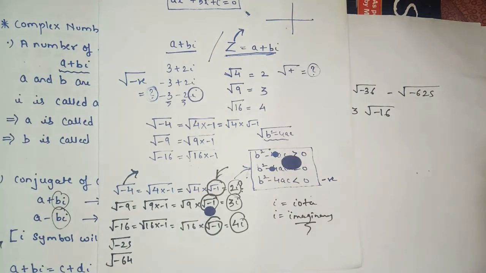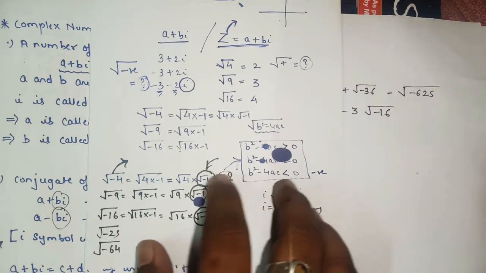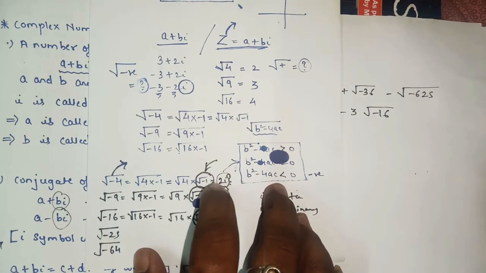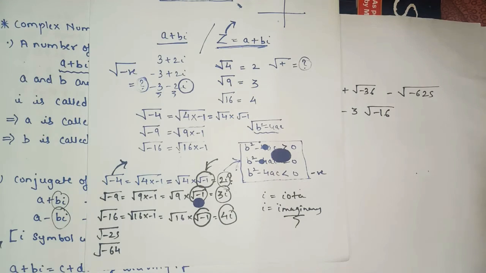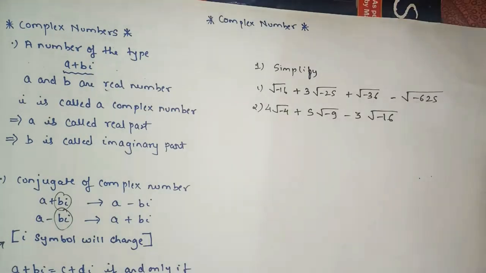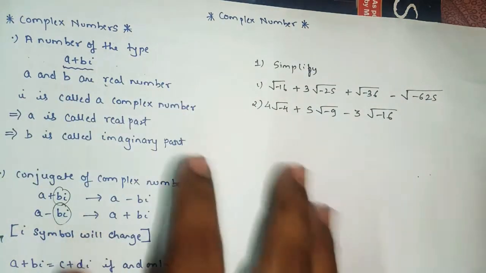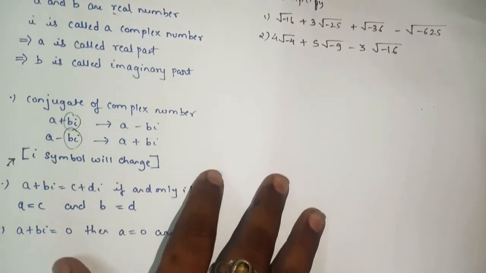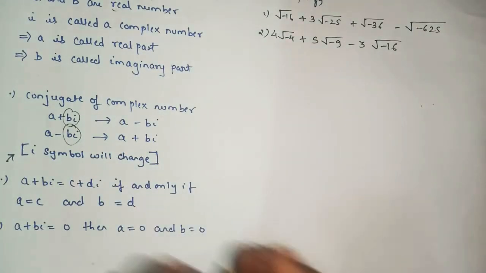So in the last video lecture I had explained how the mathematician thought to replace this root minus 1 as i, and how we can solve the sum further. So i is known as iota, or else we can say imaginary number. And there we saw what a and b are, then conjugate, then two or three properties based on the complex number.